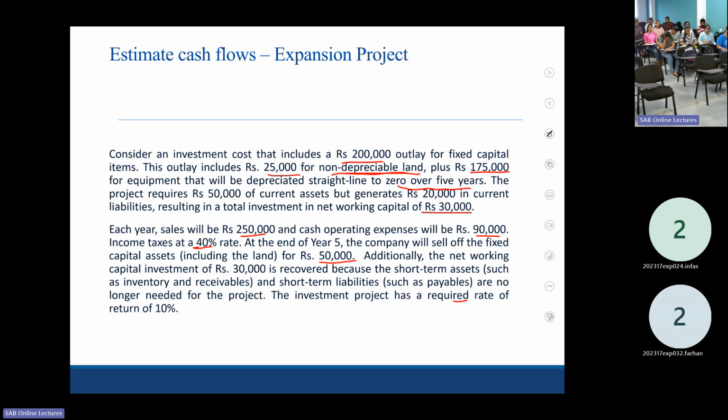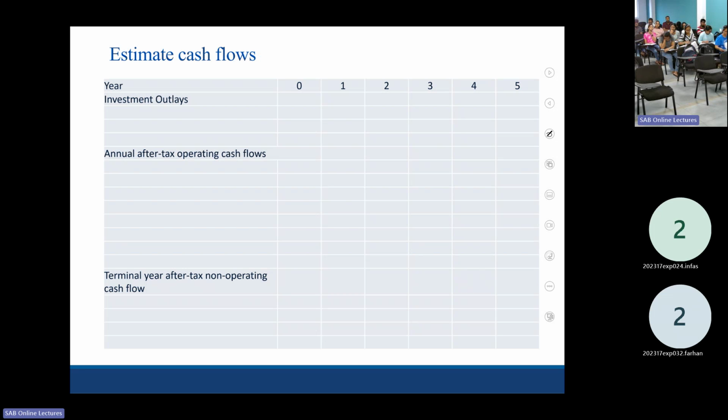You are given the cost of capital is 10%. To calculate the net present value, you should know what the cash flows are. Just read and see, we'll discuss together. It will take 1 minute. So you have to identify a zero cash flow, then 1, 2, 3, 4, 5. A 5 year project.